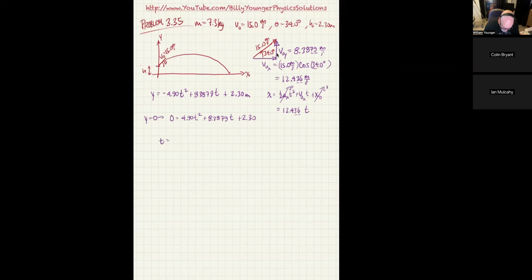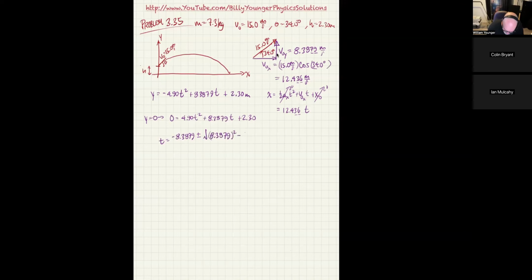So t is going to be negative b, which would be negative 8.3879, plus or minus the square root of b squared, so 8.3879 squared. You should try this sometime with the units in there so you'll see how beautifully the units work out, but it's really kind of neat.